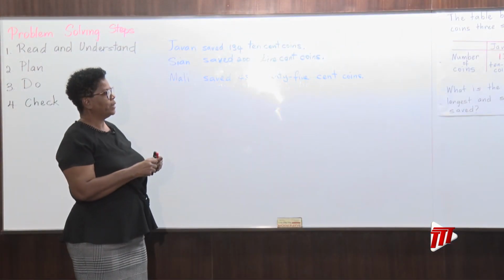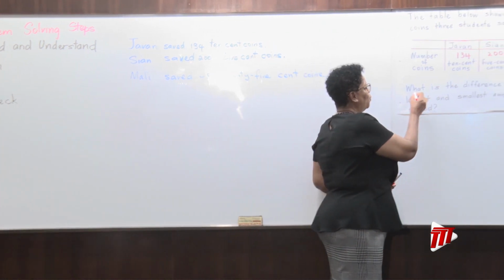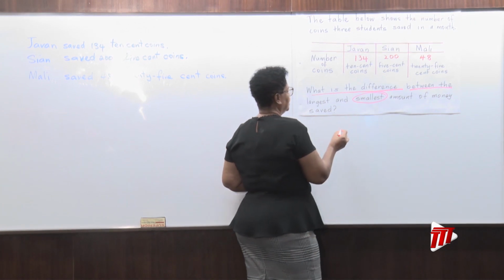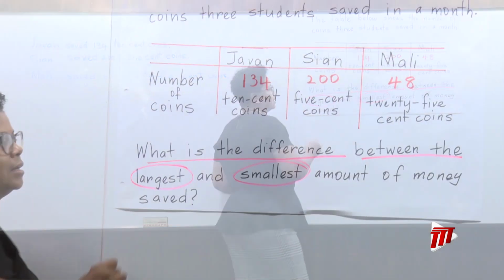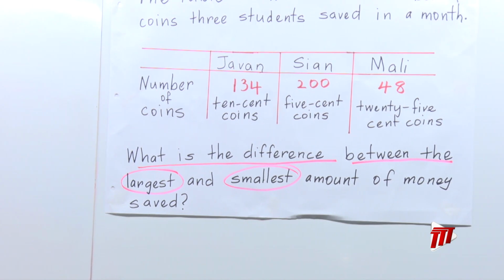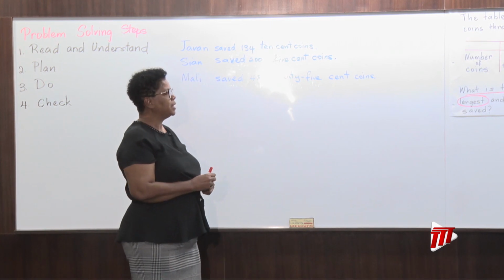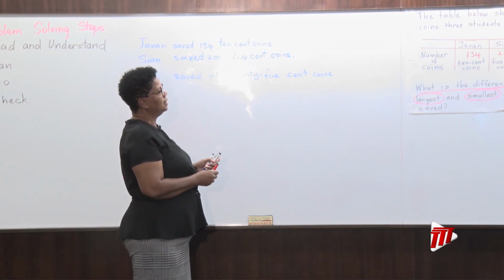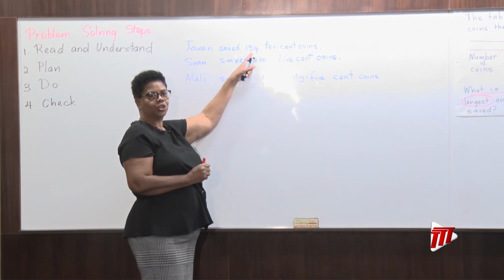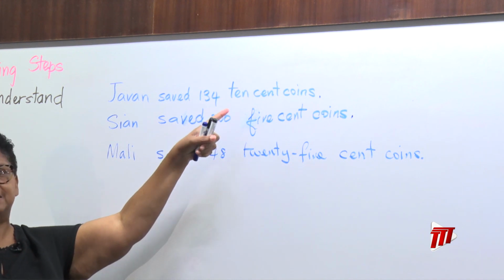Now, what we want to find out is the difference between the smallest and the largest amount of money saved. So, to find out the amount of money, we have to apply our unitary method again. 134 10-cent coins.